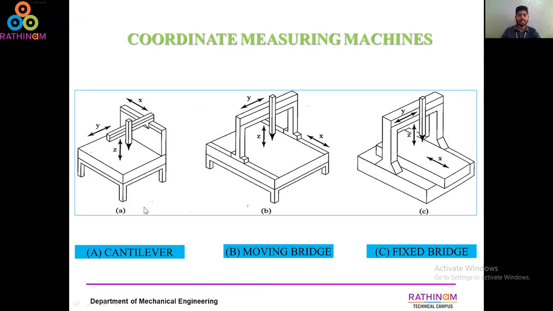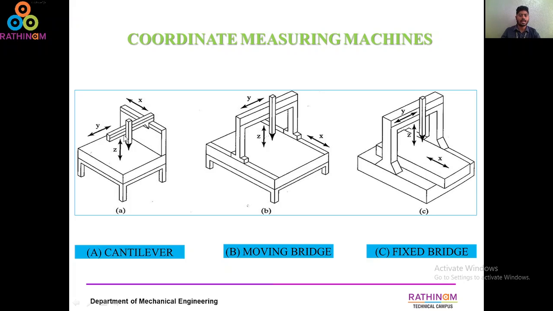This is a cantilever type of coordinate measuring machine. So let me see how its name comes. The name came from this cantilever mechanism. Only the beam is attached at one end, and the other end is not attached to any other support, and the probe system travels sliding along the cantilever beam.